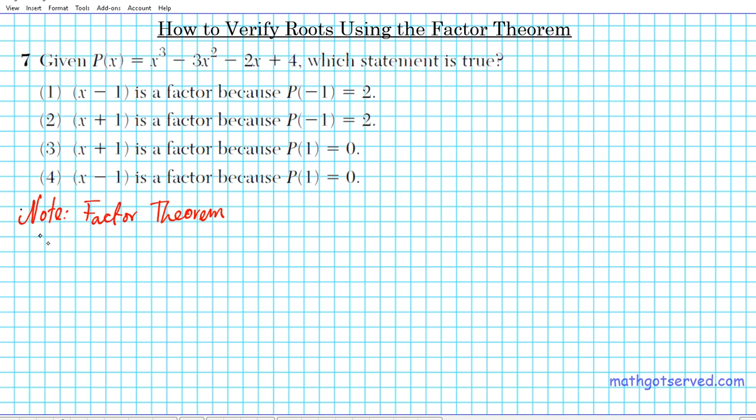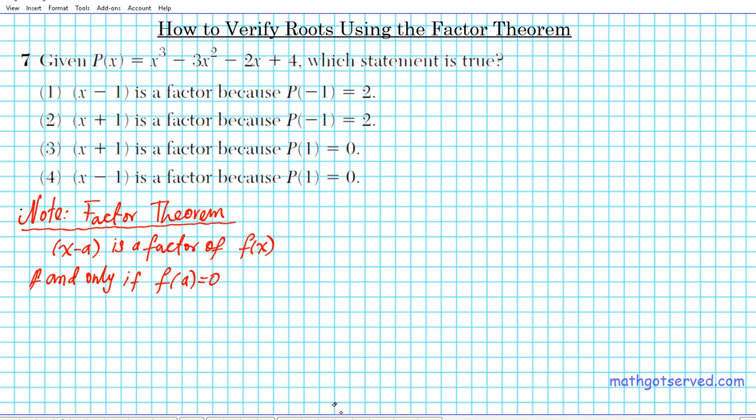The factor theorem is as follows: x minus a is a factor of some polynomial f of x if and only if f of the related root for that polynomial factor, which is a, is equal to 0. That's your factor theorem right there.